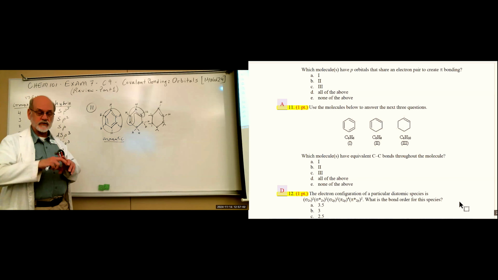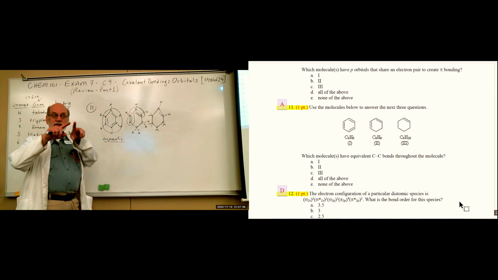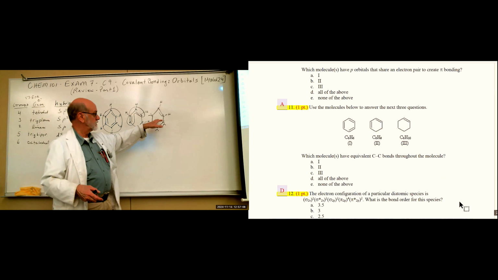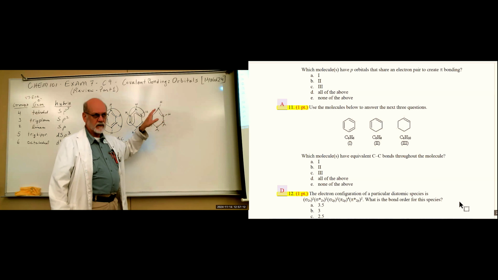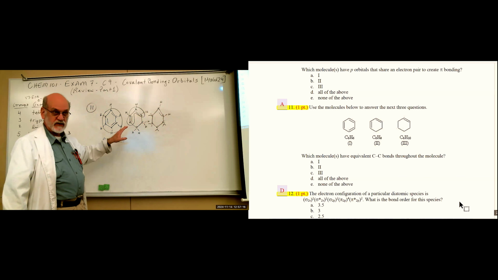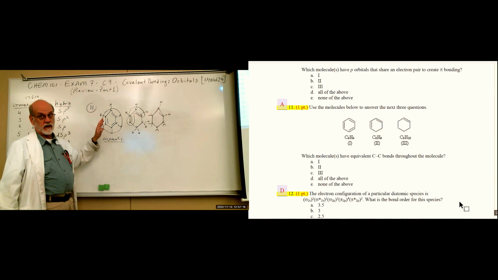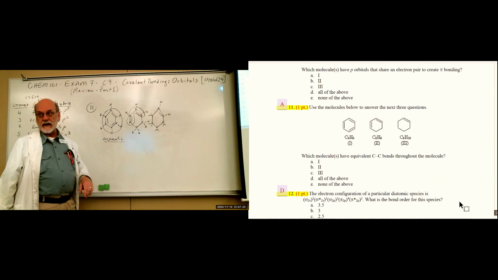Then they go after the straight chains. Then they go after the cyclic ones, but the cyclics that are not aromatic. In other words, they don't have the delocalized electrons. They're easier to attack. The last ones to go, and sometimes they don't go for a long time, I'm talking about thousands of years, are the aromatics.